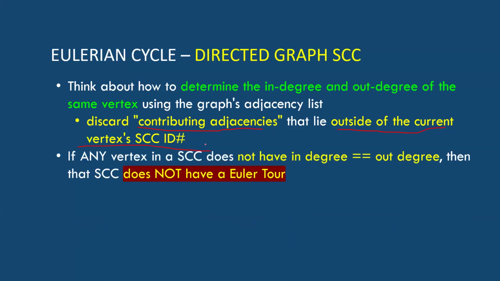And if any SCC vertex does not have equal in and out degree, then it cannot be an Euler tour. That means you're going to need to use your reverse graph, right? Because the reverse graph will have the in degree, and the regular graph will have the out degree. So you're going to need both graphs to do this work. Okay.